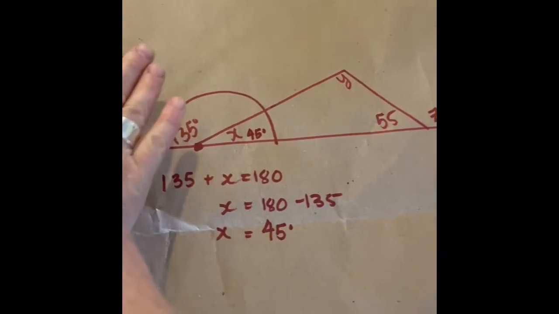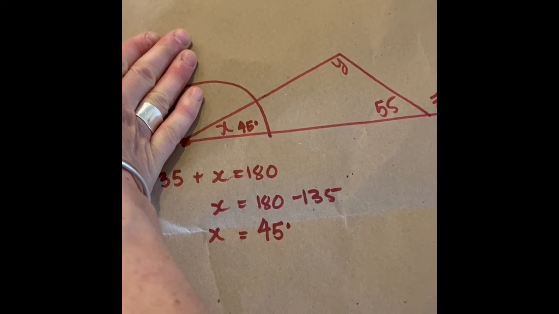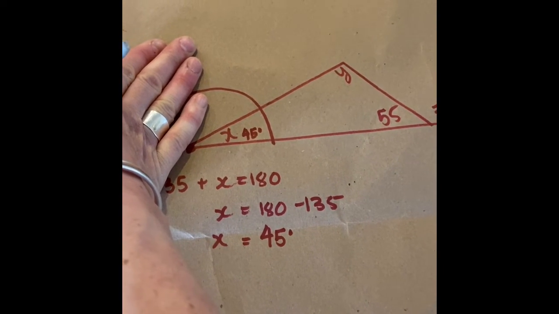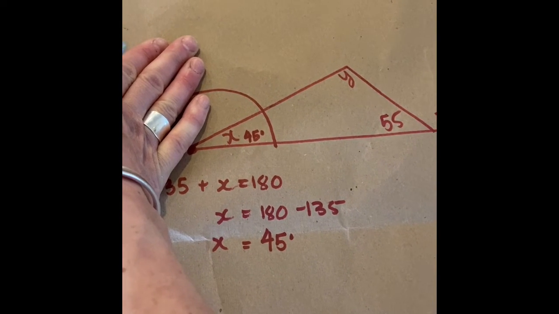Okay, now we can forget about the 135 and just focus on the 45 and the 55 that are inside the triangle. 55's inside, 45's inside, and y is also inside.